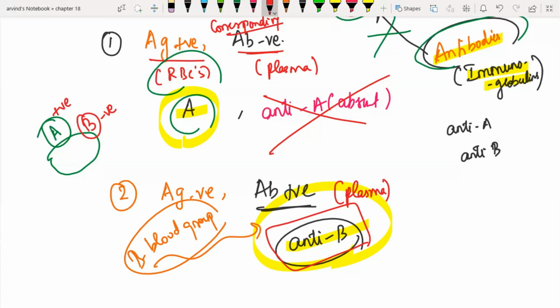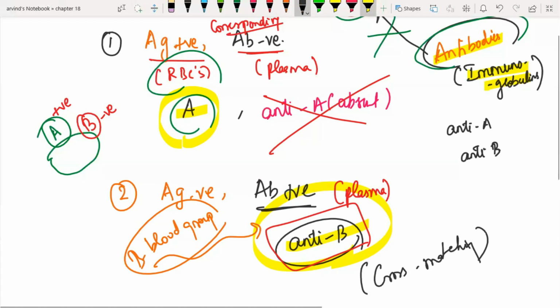That is the most important idea behind getting your details inside the license, especially blood group, right? So this thing of giving a wrong blood group and that is going to react with the antibodies present in the plasma, I call it cross matching. This is not needed, but I'm just trying to give you an idea of what it is.